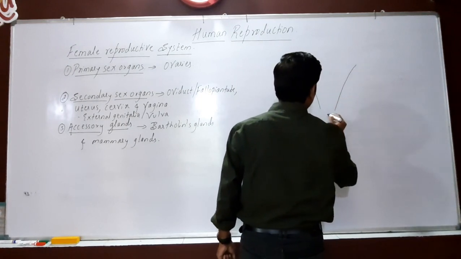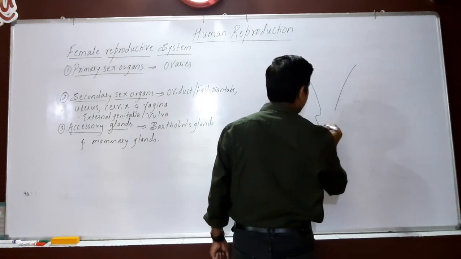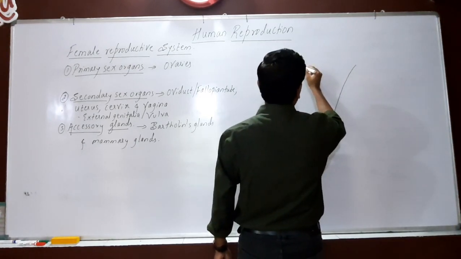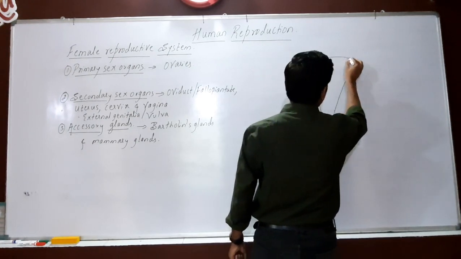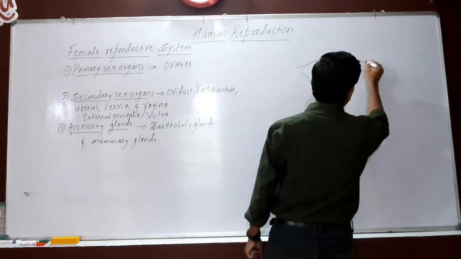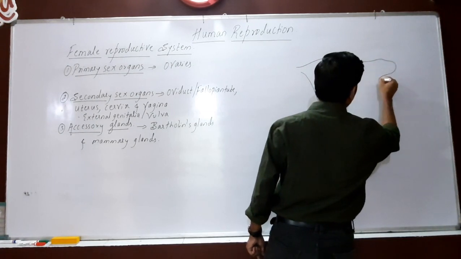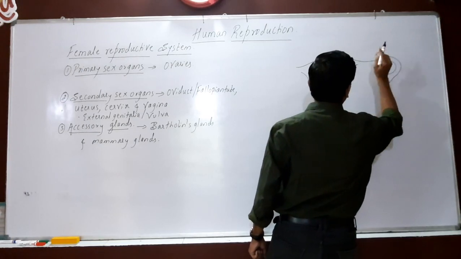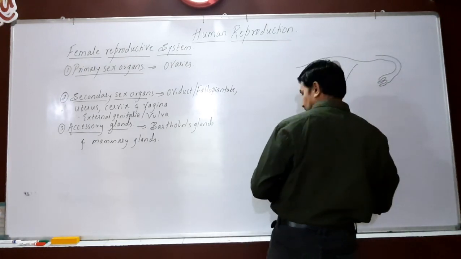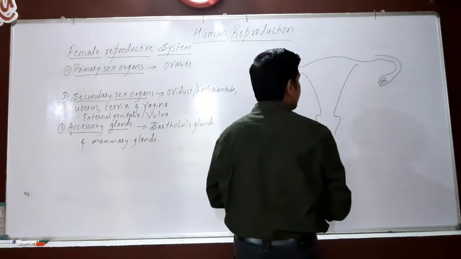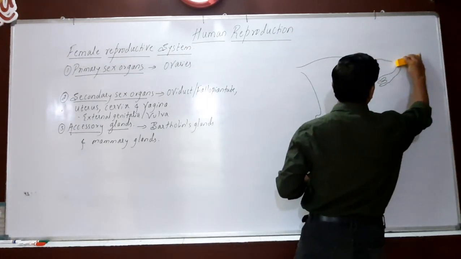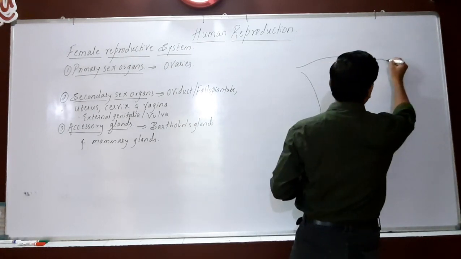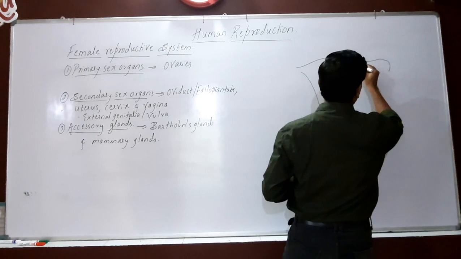If we look at its structure, this female reproductive system includes various parts, and it has different labelings here.